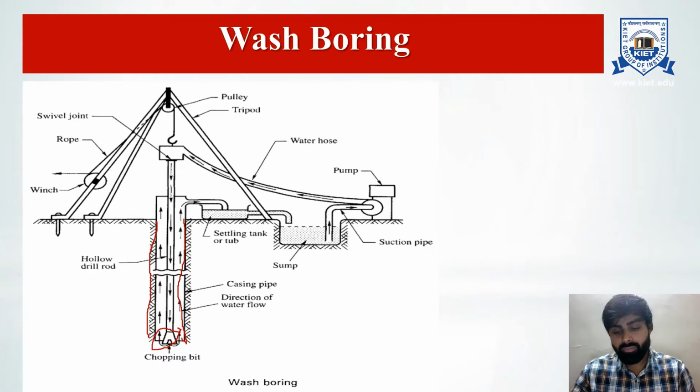Water is pumped down the hollow drill rod, which is known as the wash pipe. Water emerges as a strong jet through a small opening of the chopping bit. The hole is advanced by a combination of chopping action and jetting action. As the drilling bit and the accompanying water jet disintegrate the soil, the water and the chopped soil particles rise upward through the annular space.